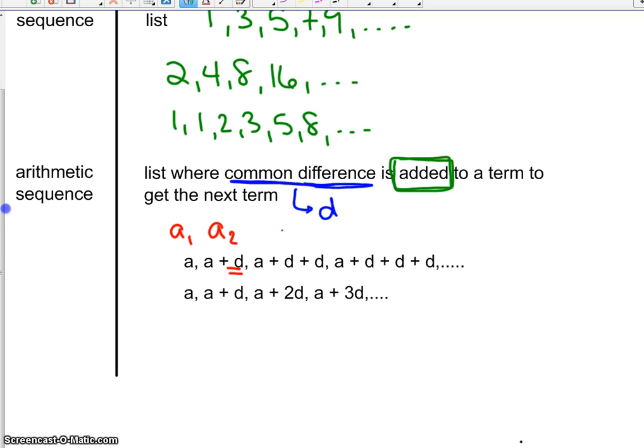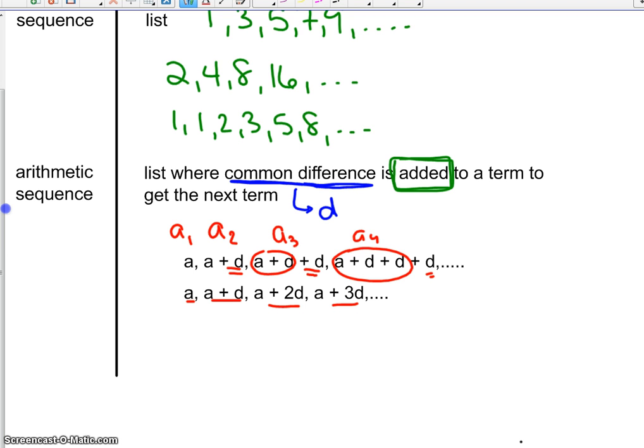So for my third term, what I already have is a plus d, so I added another d on. The fourth term, I had a plus d, and then I added on yet another d. And so I could simplify it down: a sub 1 is a, then a plus d, a plus 2d, a plus 3d.